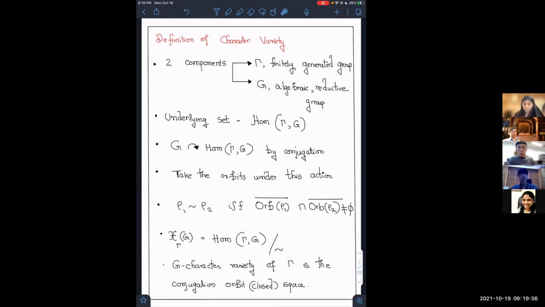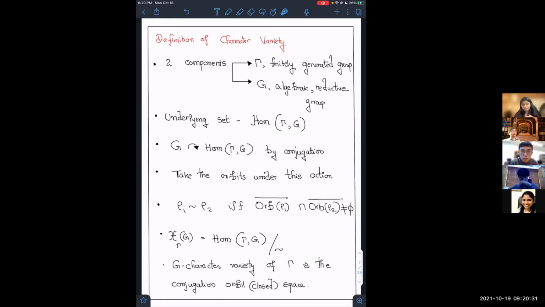Then we take the orbits under this action, and we want the closed orbits of this conjugation action. We define an equivalence relation such that two homomorphisms are equivalent if their orbit closures intersect. And then we look at the quotient. We quotient out the Hom set by this equivalence relation, and that gives us the G character variety of gamma.